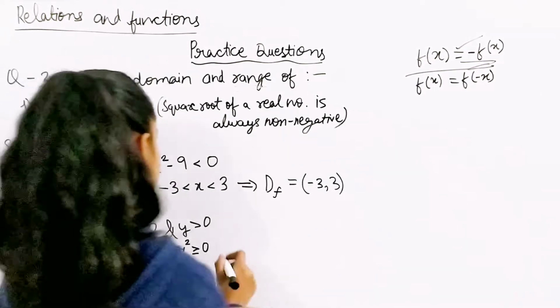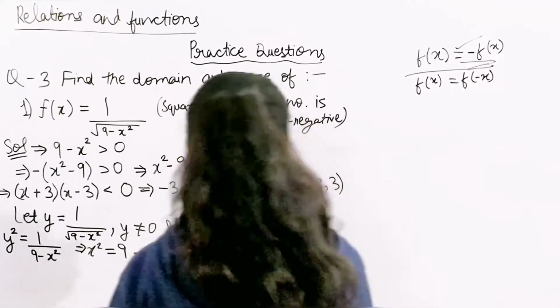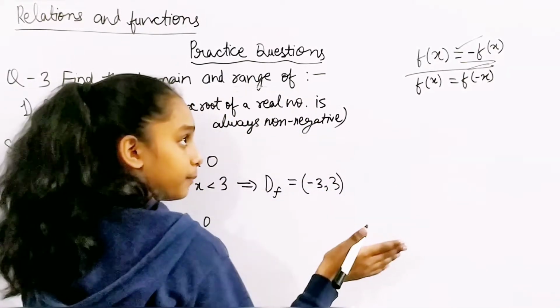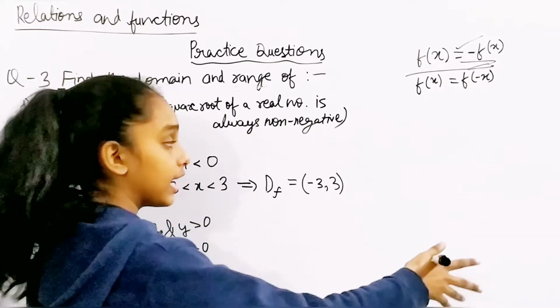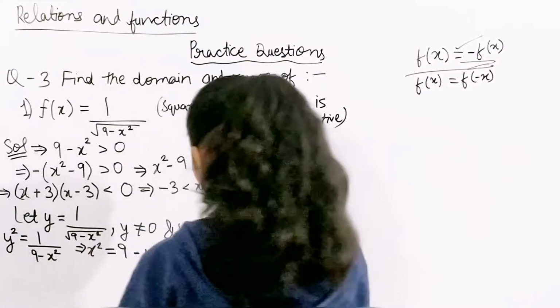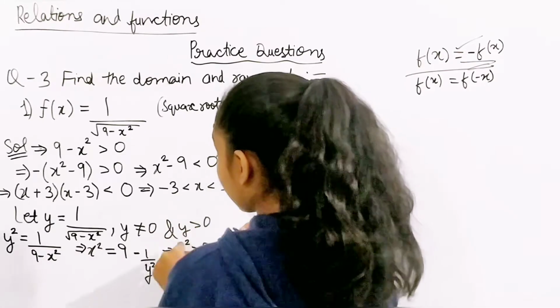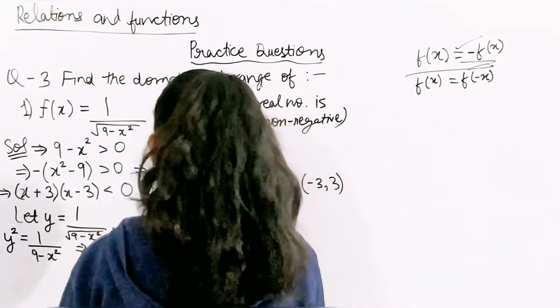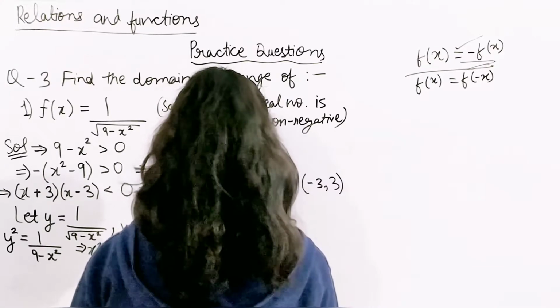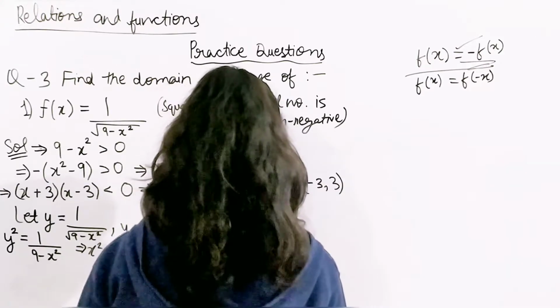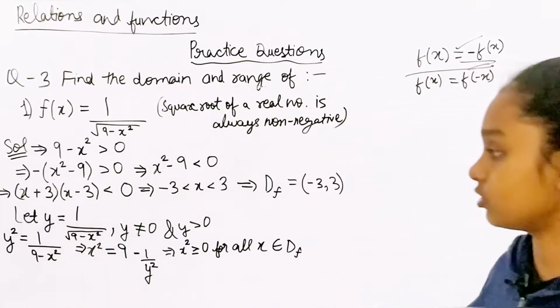So the domain of f is, what is it? It's negative 2 to positive 2. So this x squared is going to be greater or equal to 0 for all x belonging to the domain of f, D_f.